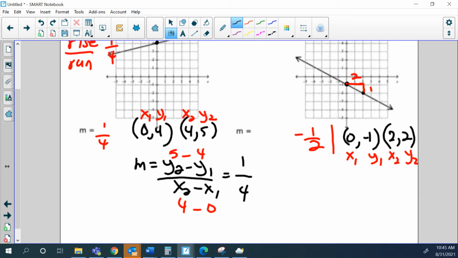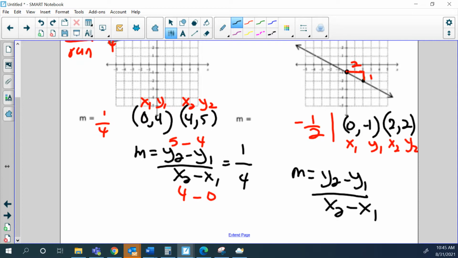And so my slope is going to be m is equal to y2 minus y1 over x2 minus x1. Plug in the points. My y2 is 2 minus my y1 is negative 1. And then my x2 is 2 and my x1 is 0. So this is going to be a positive. So that's going to be 3 over 2. I made a mistake somewhere.